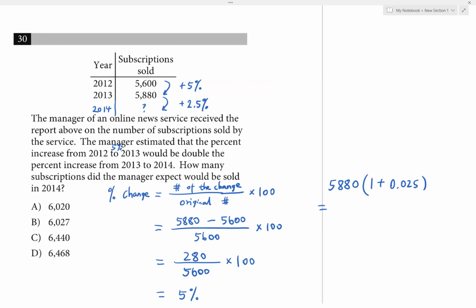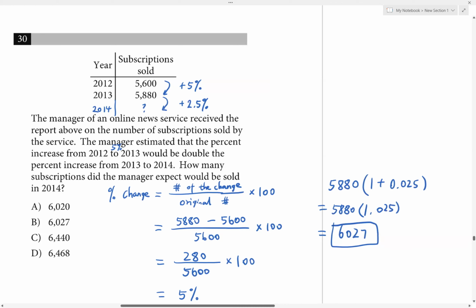So 1 plus 0.025 is 1.025 times 5,880. Multiplying this out, we get 6,027. That should be the final answer, which is letter B for number 30.